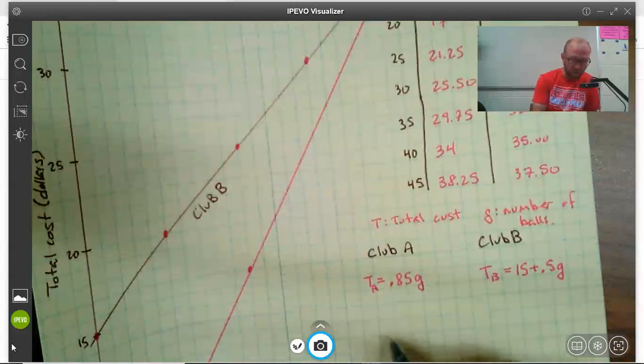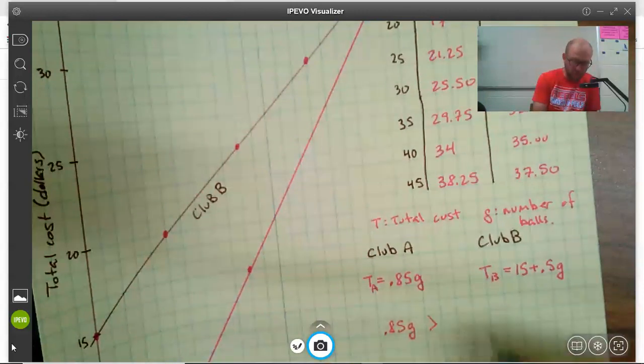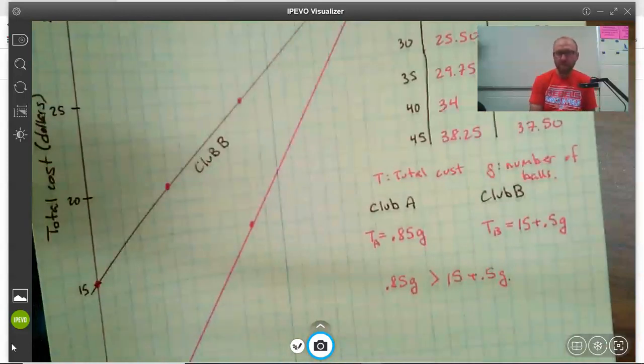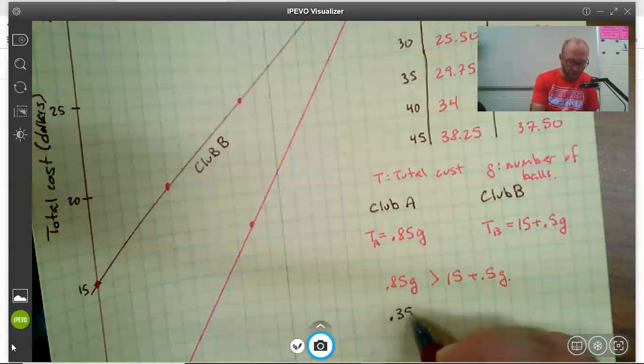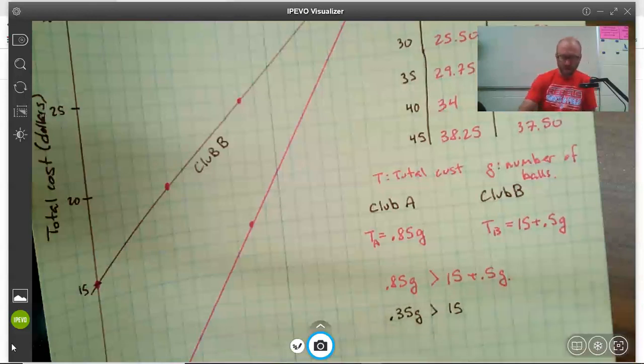So we just say, when is 0.85 G greater than 15 plus 0.5 G? To solve this, we're just going to have to subtract 0.5 G from each side. That gives us 0.35 G greater than 15. And then we'll divide by 0.35 on each side.